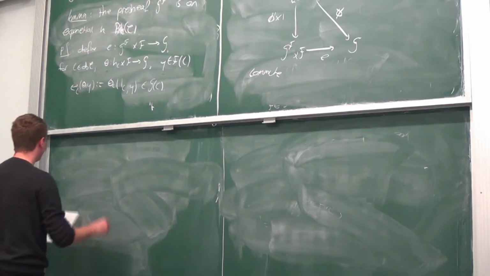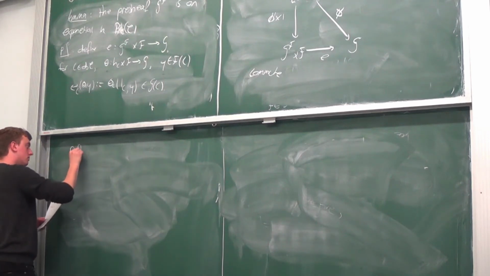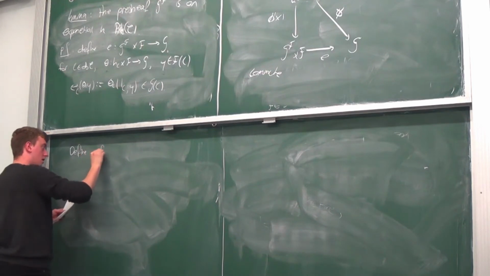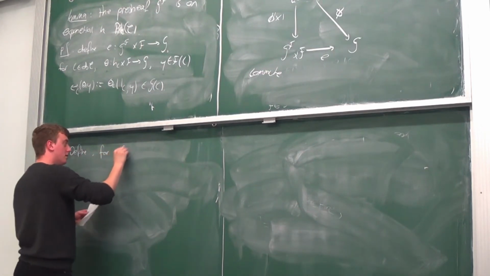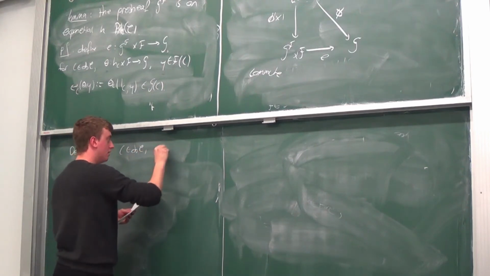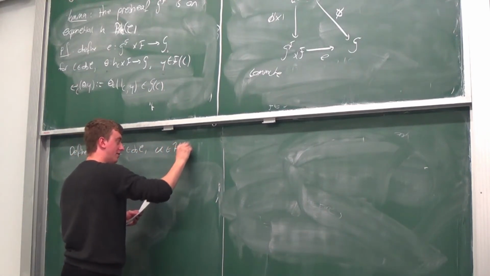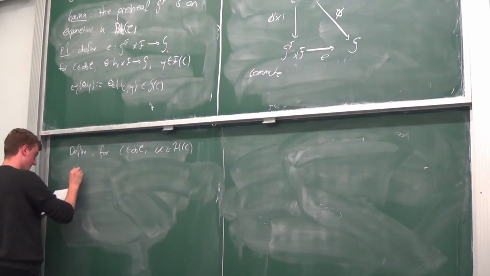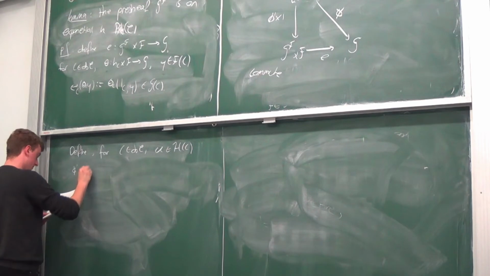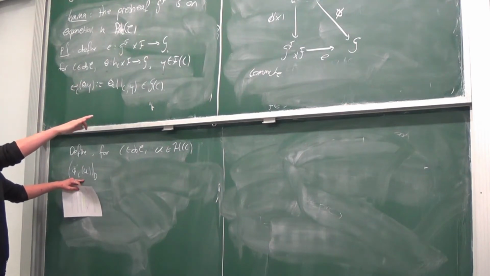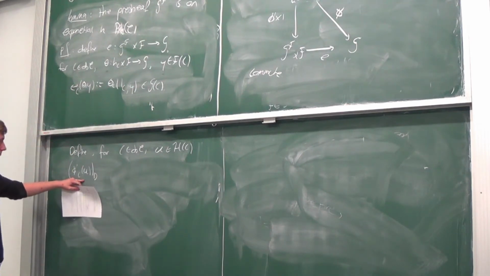So we're going to define, for object C and some object U in HC, phi prime C of U at D. Of course, phi prime C has to land in this set of functors.